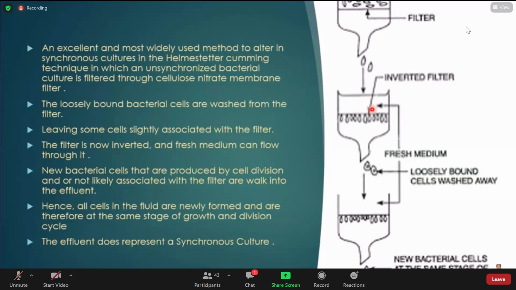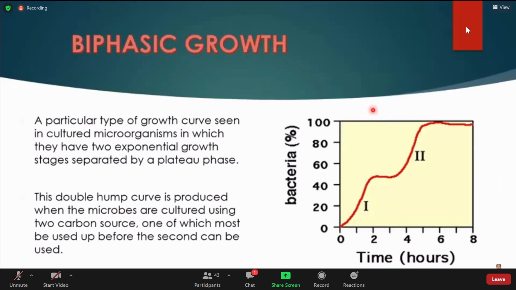Then moving to the last type of growth, that is biphasic growth, also called diauxic growth. What is it called? Diauxic, D-I-A-U-X-I-C growth. This biphasic or diauxic growth is represented by two growths. If you see here, we have two growth curves joined by a short lag phase.